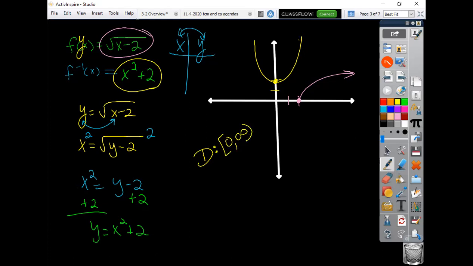So it's only the right arm and not the left arm. So then we'll take this part off from there. And then I would ask you again, does it look as though those two are reflections across the y equals x line? I would argue that it does indeed seem so. So that is all matching up.